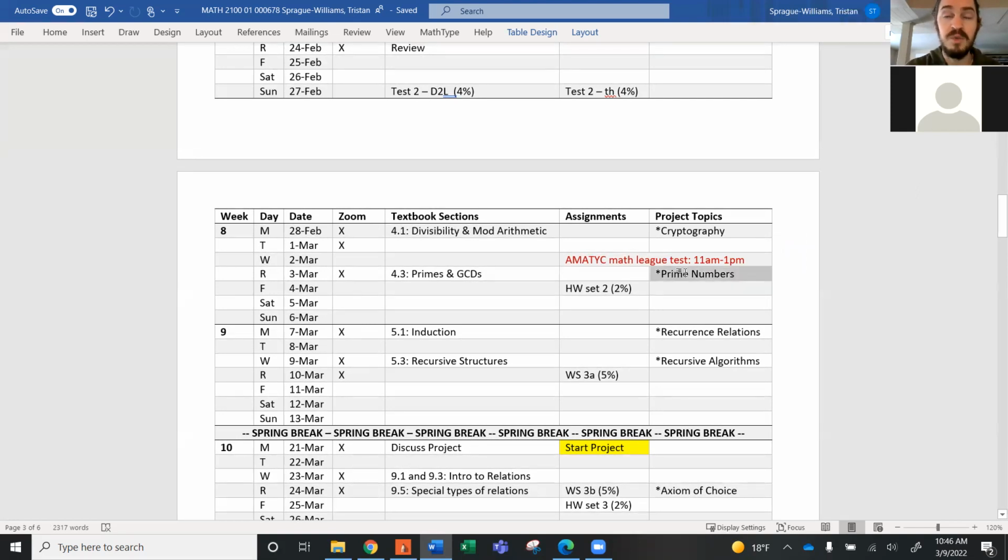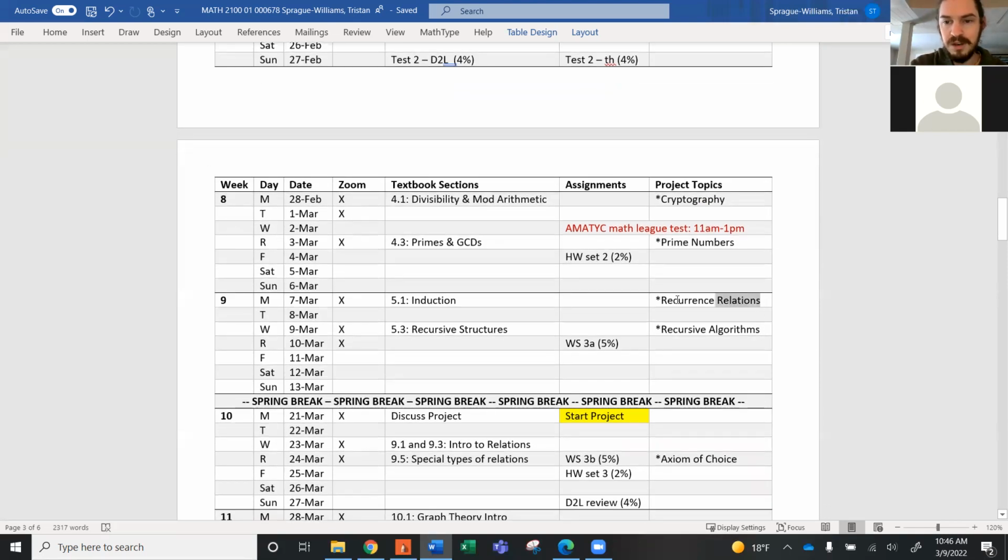It's one of these open questions where it hasn't been proven, neither has it been disproven, so we don't know if it's true. There are computers testing the conjecture up to very large numbers, and they've never found any evidence to say that it's false, but they still haven't proven it. So you could do that if you're interested.